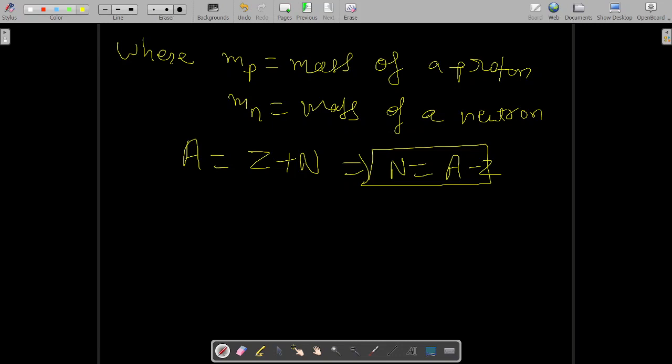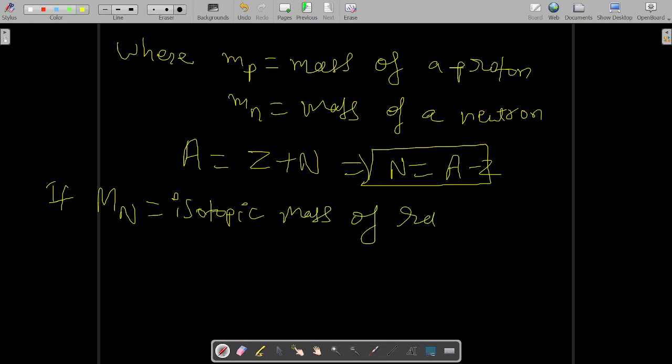Now suppose capital Mn is equal to the isotopic mass of the resulting nucleus.